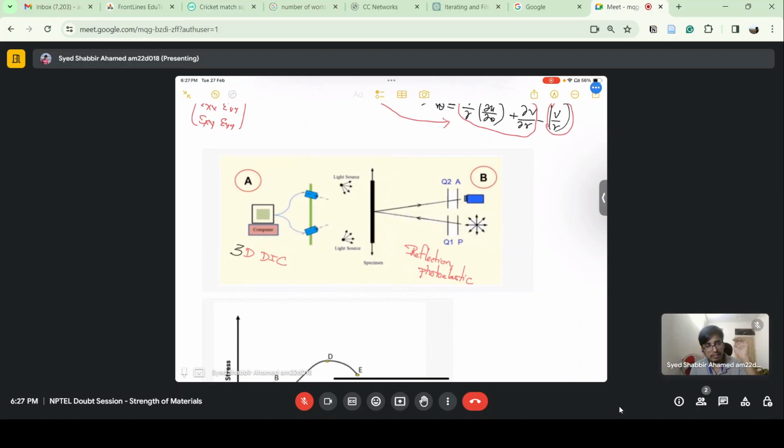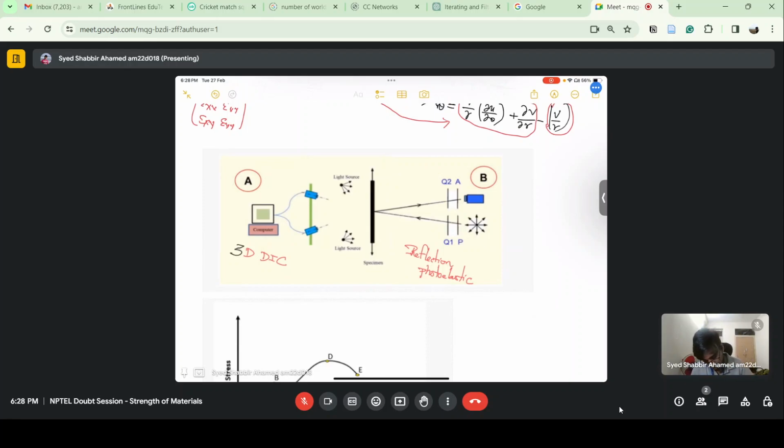After we apply the coating, we apply light which passes through the polarizer, and then you get the reflection of light which passes through the analyzer and gives you a nice photoelasticity picture which has fringes on the specimen due to the applied load, which induces the stresses in the material.